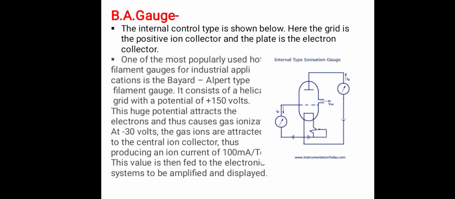Okay, similarly here also, as there is 150 volts for that grid, this is very high potential compared to the cathode, then those electrons are attracted towards it, and there is ionization of maximum gases.